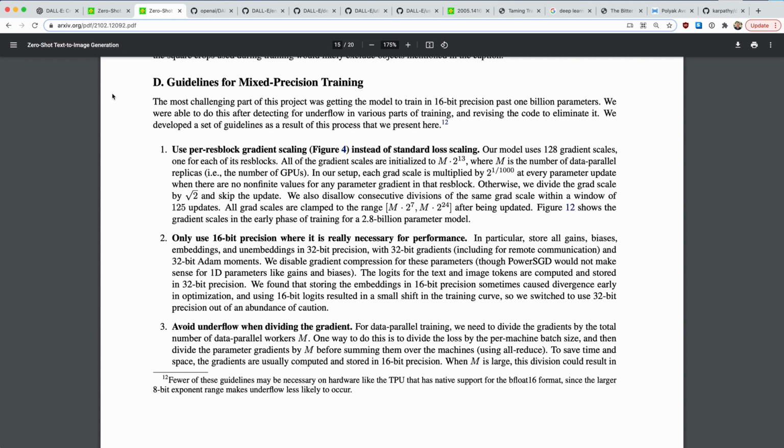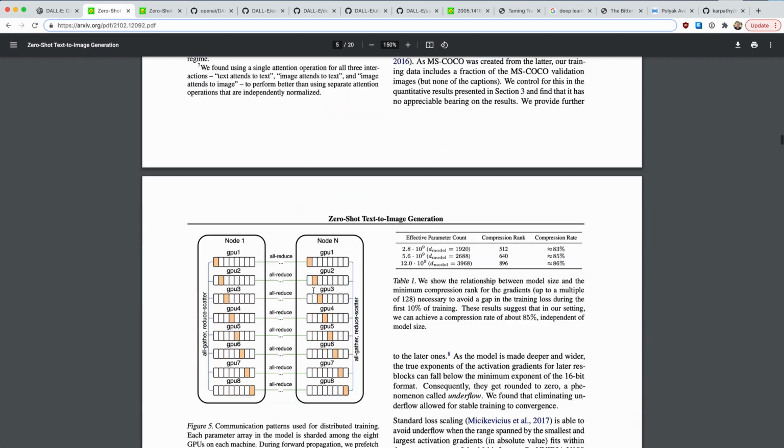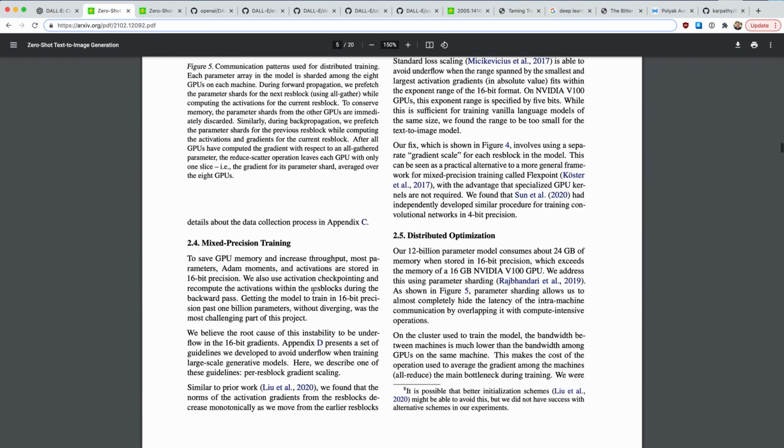But as I mentioned earlier, I think the hardest part of the project was just getting the model to scale reliably past 1 billion parameters. And we found after a lot of pain and suffering that the root cause was actually underflow. When you use float16 on a GPU, the floating point format is like a real number line with tick marks, the tick marks being closer together near zero, and the spacing between consecutive tick marks increasing as you get away from zero.